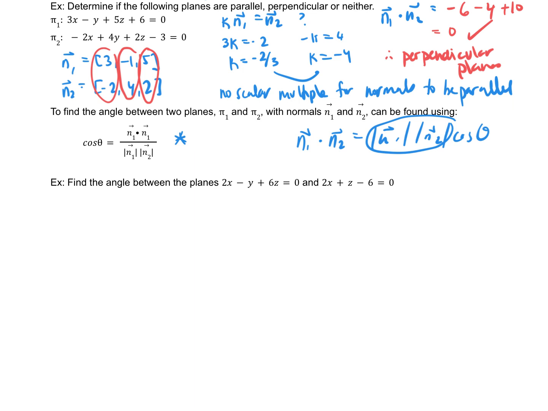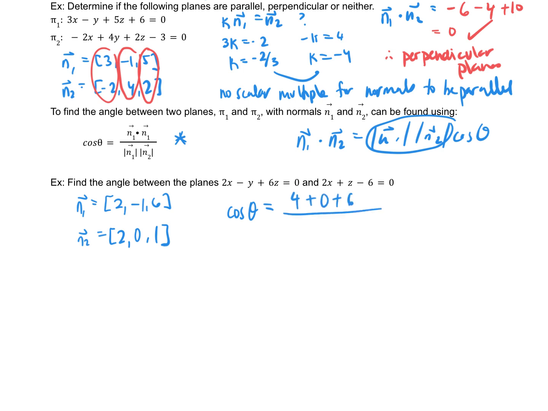So find the angle between these planes. I'm going to first identify my normals. (2, -1, 6). And then (2, 0, 1), since there's no y component. All right, so cos theta equals dot product first, 2 times 2, plus 0 times -1, plus 6 times 1.